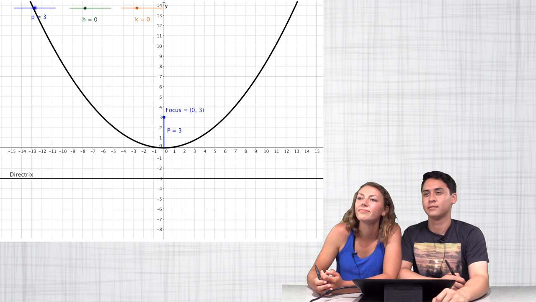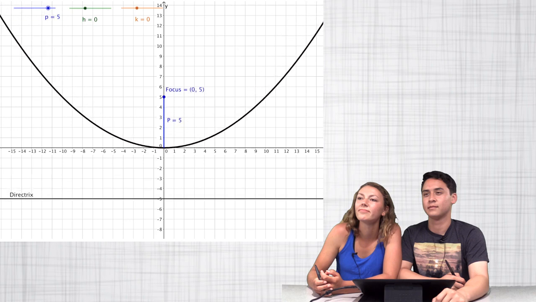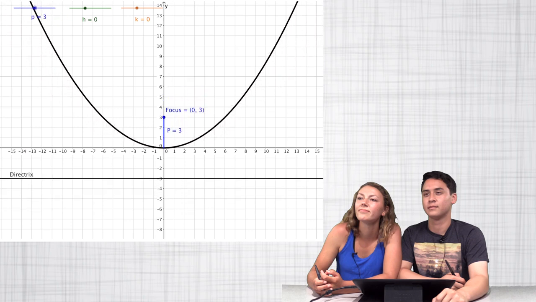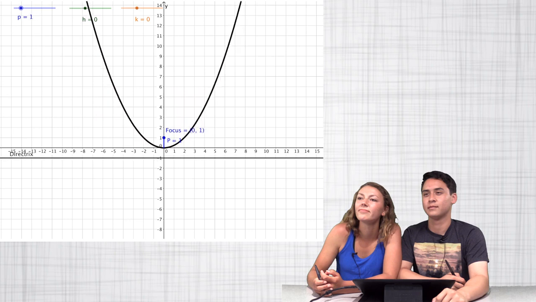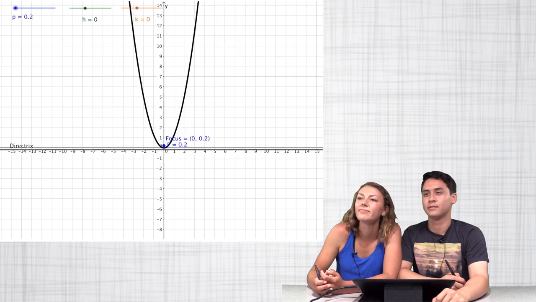Sasha and Keoni also revisited what they had learned in lessons 6 and 7 about changing the value of P. Remember, P is the distance from the vertex to the focus. As Sasha put it, as our P is increasing, the parabola will be wider, and then, as it decreases, it will be skinnier.